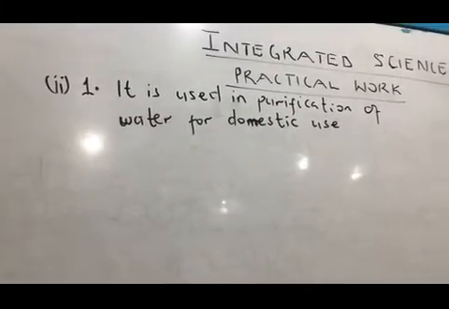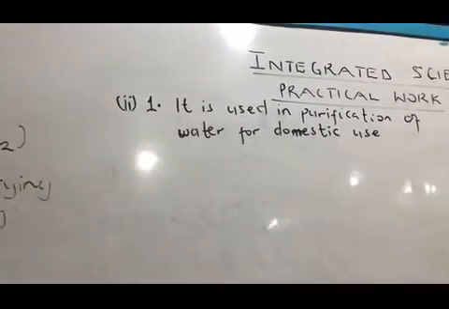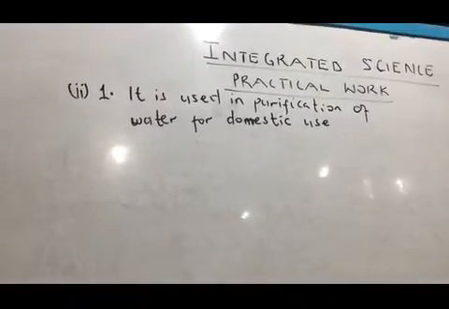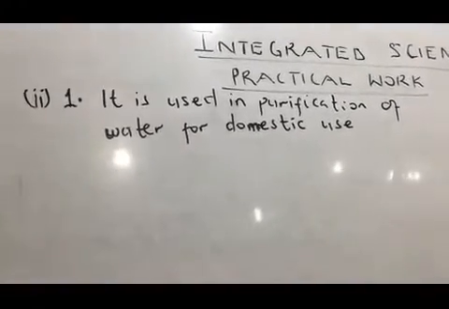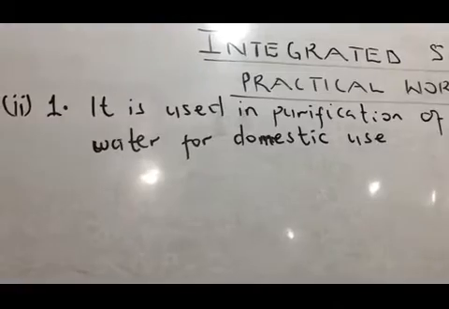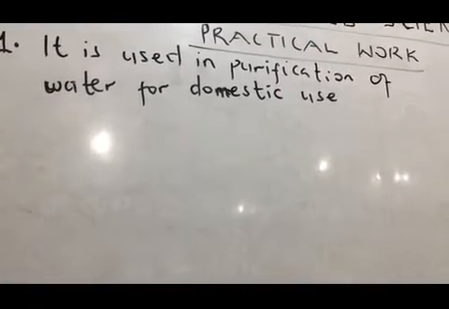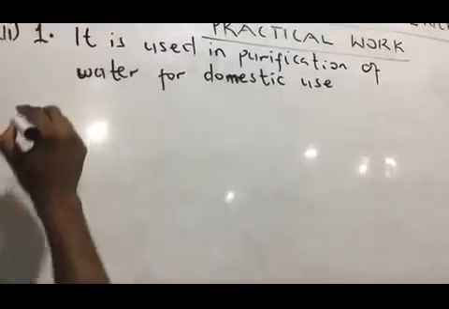So chlorine is used to purify water for domestic use. During the purification of water that is pumped into our homes, chlorine is added to kill the germs in the water. So that is one use of chlorine.